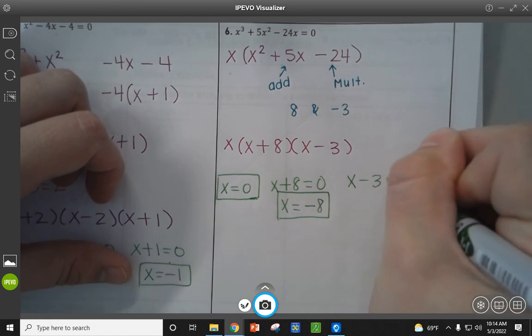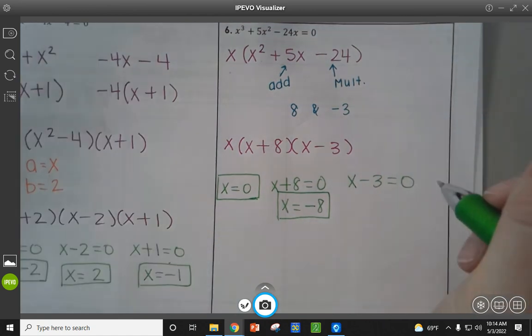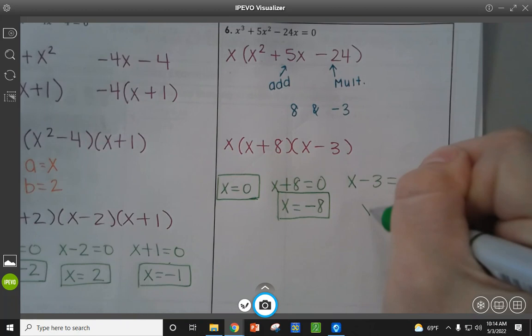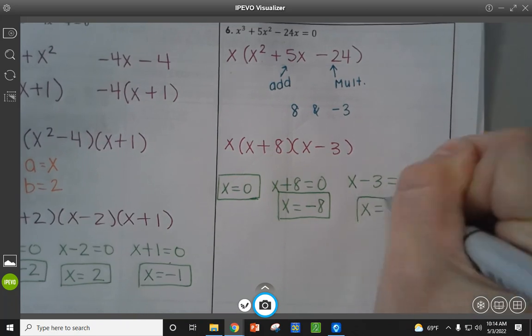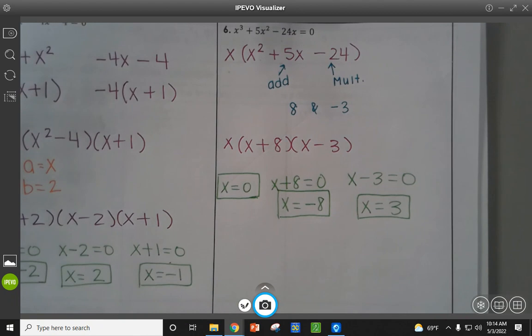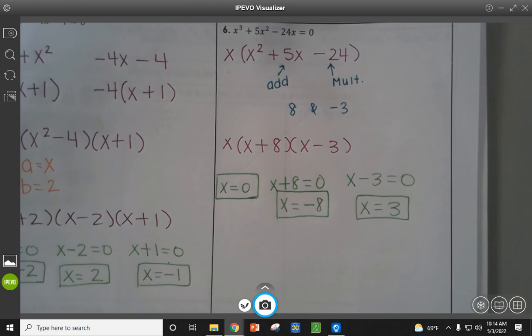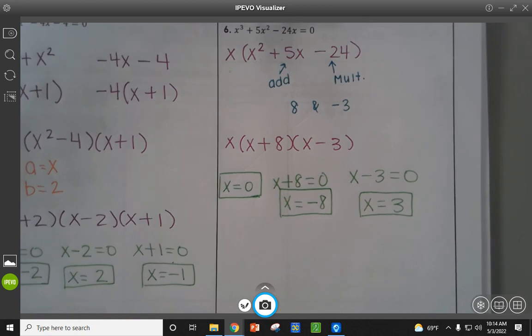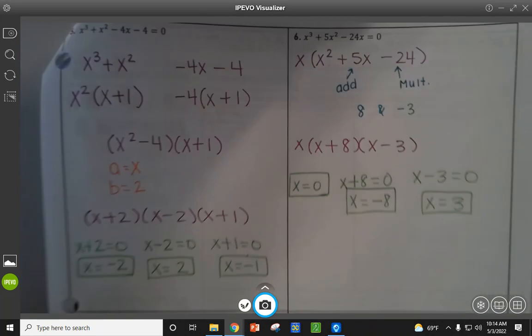And then x minus 3 equals 0. We add 3 to get x equals 3. Any questions? This is a combination of the lessons. All right, number 7.